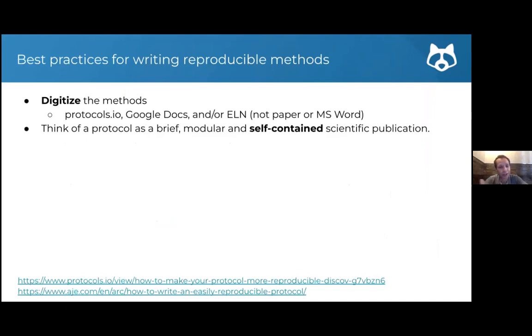But then if you're publishing a paper, as people start working with this, you will get comments, you'll get feedback. And so if you digitize the methods, it makes it easy to share with others.